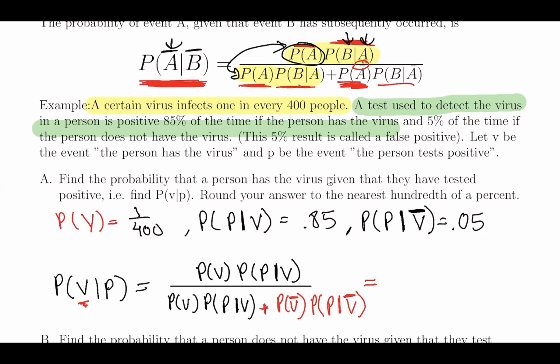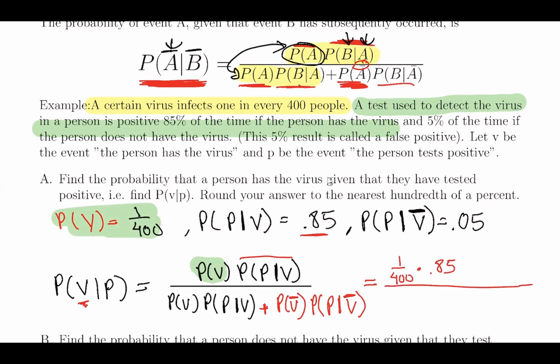All right, so all we're gonna go ahead and do is substitute stuff in. So say like probability of V, there's this one over here. So you put 1 out of 400. There you go, 1 over 400. And then if you look at this one, that's this over here. So we multiply that by 0.85.